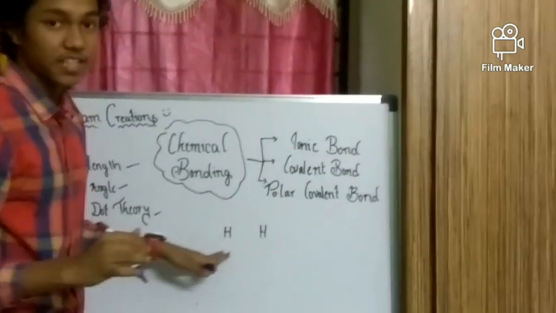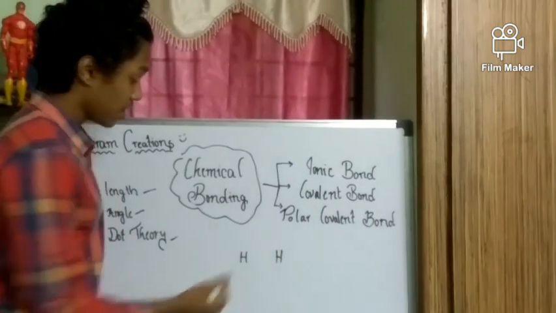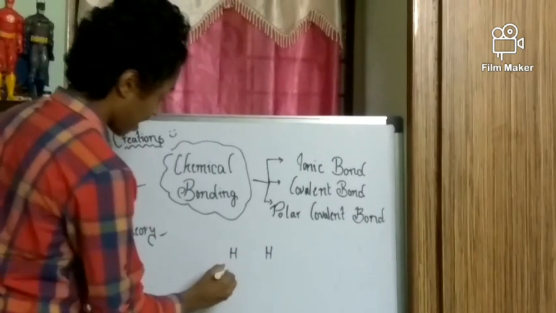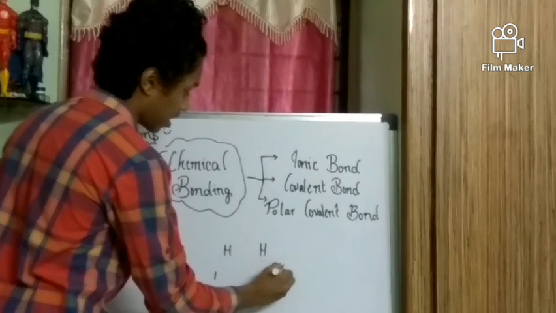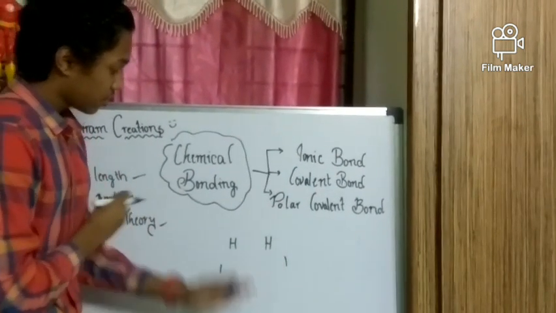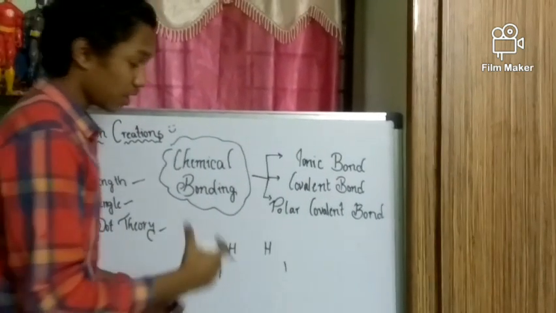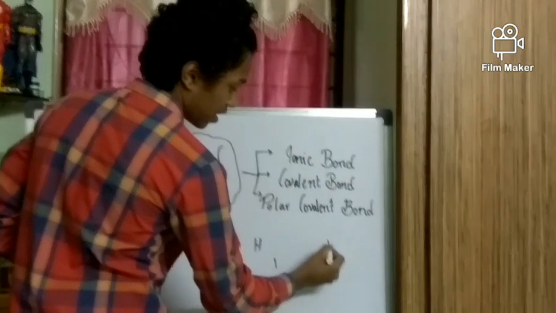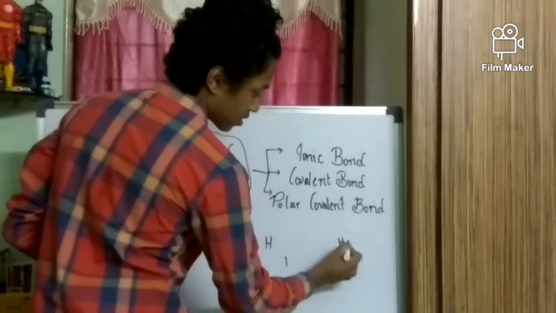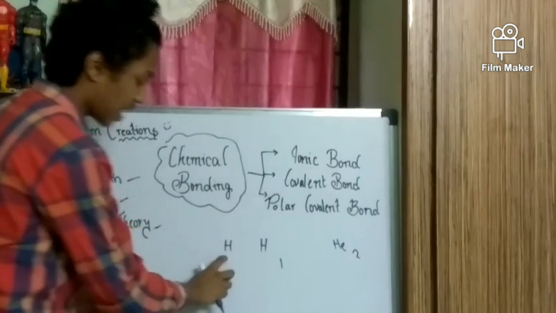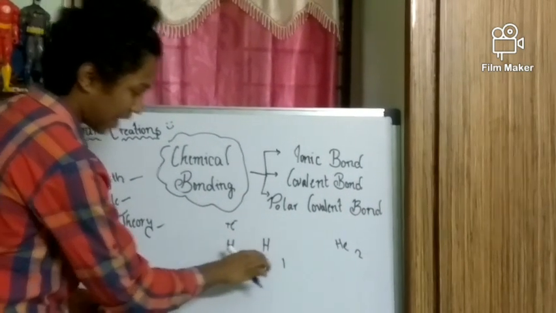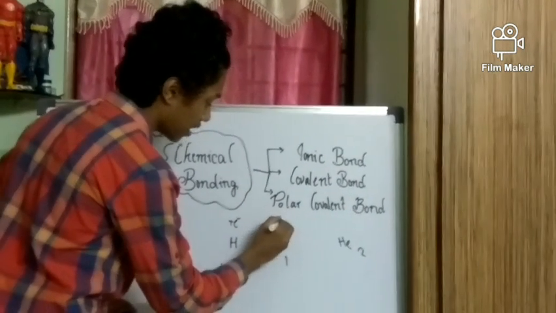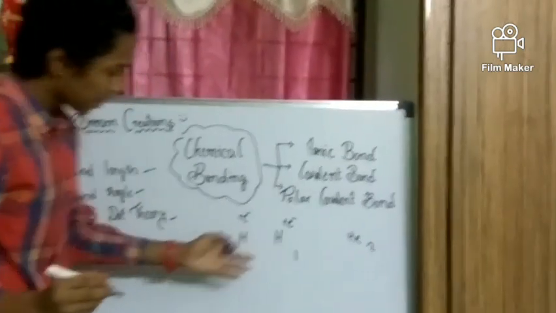Now let's take a hydrogen atom over here, another hydrogen atom. Everyone knows that hydrogen has only one electron. This hydrogen also has one electron. Now, to get stable, what does hydrogen need? For helium configuration, 2 electrons. That means this hydrogen needs one more electron to get stability, and this hydrogen also needs one more electron to get stability.